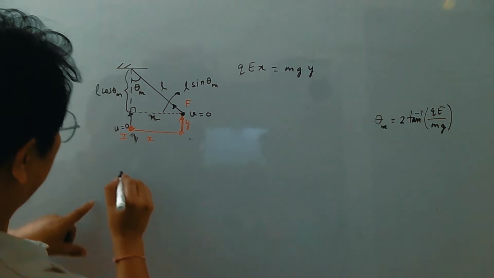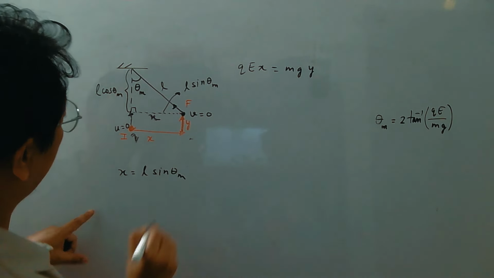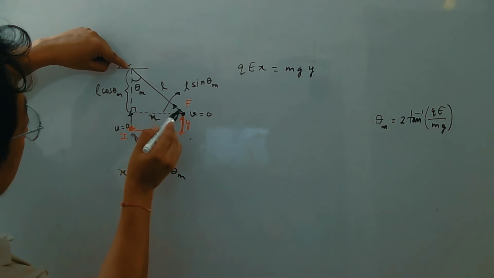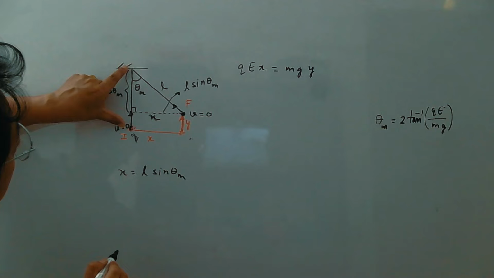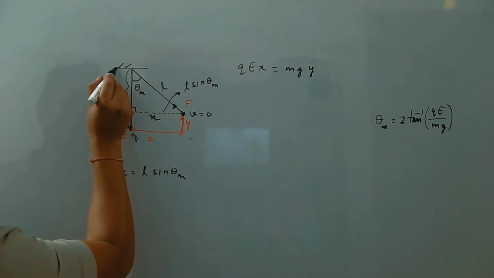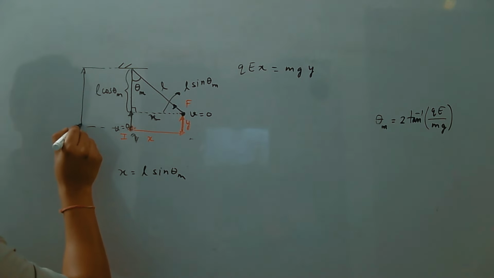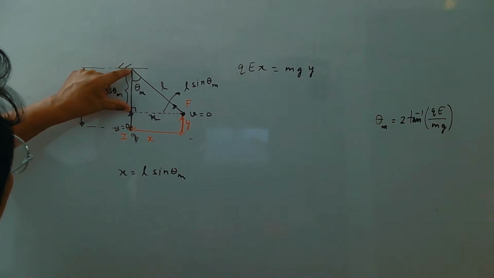So this x is nothing but L sine of angle, and this y, if you look carefully, if this is L, then this is also L because this is the length of the pendulum, right? This pendulum only went from here to here, no? So if I continue this side, this length is L. So this is L, this is L cos theta.